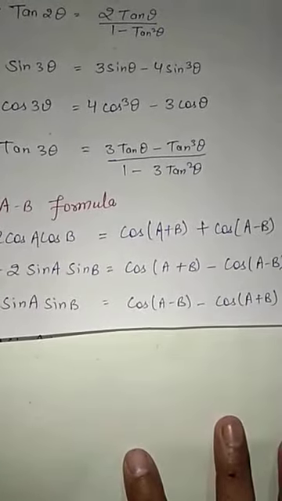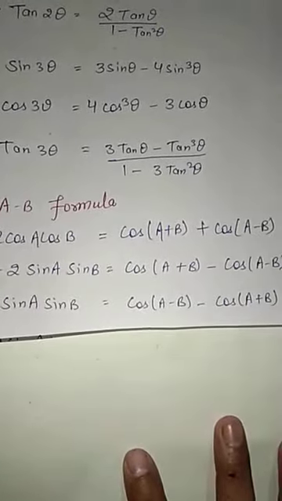But when the sign moves to the other side, then cos A minus B is in front and minus cos A plus B at the back. Now 2 sin A cos B is sin A plus B plus sin A minus B, and 2 cos A sin B is sin A plus B minus sin A minus B.